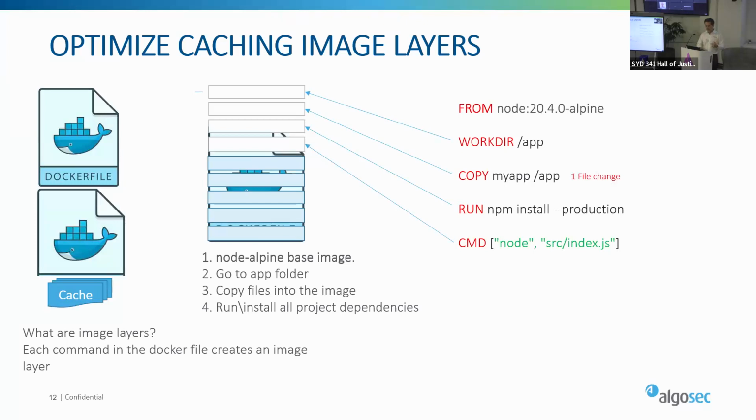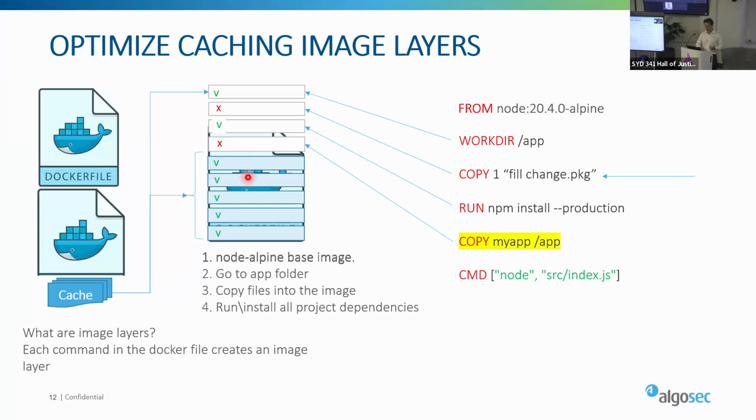Mainly because if you introduce one file change, for example with a copy command, then you pull from the cache everything that is above it. But if you introduce it at an early level, then everything else would not be pulled from cache, so you are basically forcing the image to rebuild. This is just a small practice, and it's recommended to optimize things based on that.